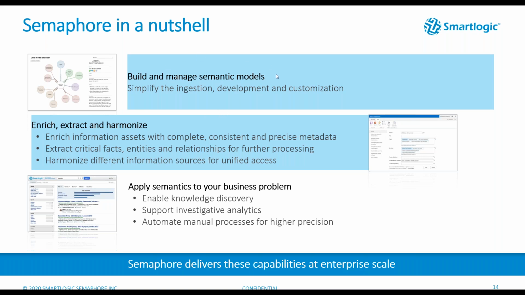And I like to say that the strongest thing about Semaphore is that it puts these models to work. You don't just look at them or bring them into your downstream systems. You actually use them to analyze text and generate the metadata that drives the kind of portal experience John described, or other types of analytics and harmonization that you might need in your business.